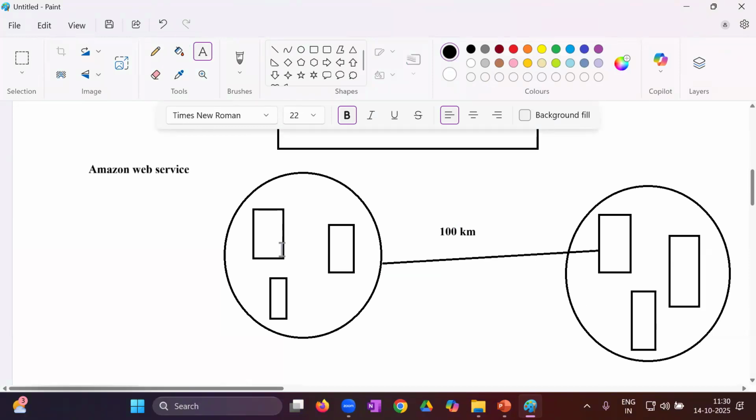So if all the users are trying to access physical servers remotely from here, and it gets affected due to a natural calamity, then all their services would be transferred to the next location. That's why they have a distance of 100 kilometers between their locations.